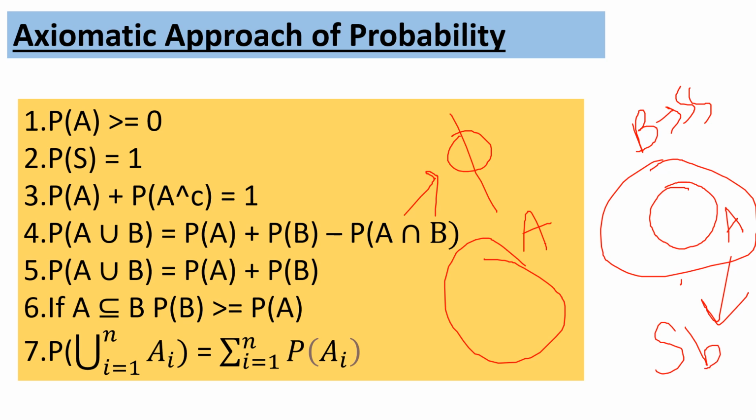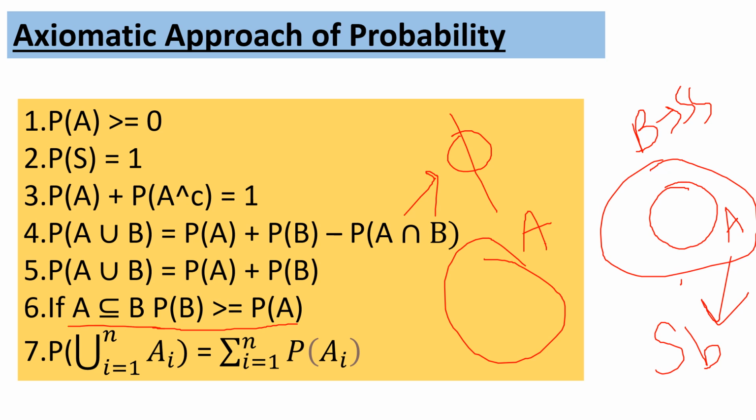Then obviously if A is inside the B, then probability of B is bigger than A, which is nothing but the probability of B is always greater than or equal to probability of A if A is a subset of or equal to B.